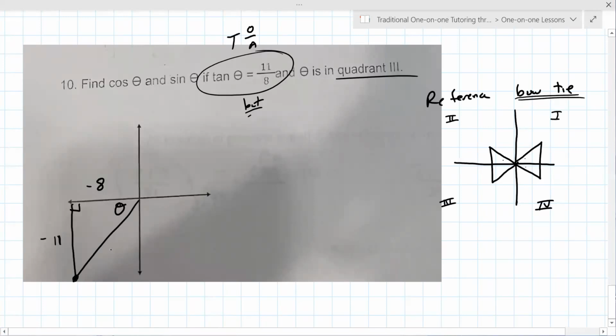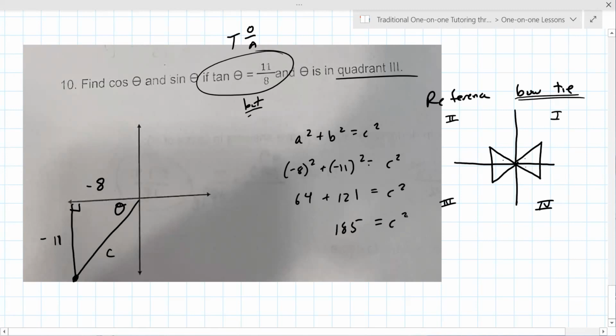Okay, so now you have to find the hypotenuse c. That's a squared plus b squared equals c squared. So that's negative 8 squared plus negative 11 squared equals c squared. 64 plus 121 equals c squared. 185 equals c squared.